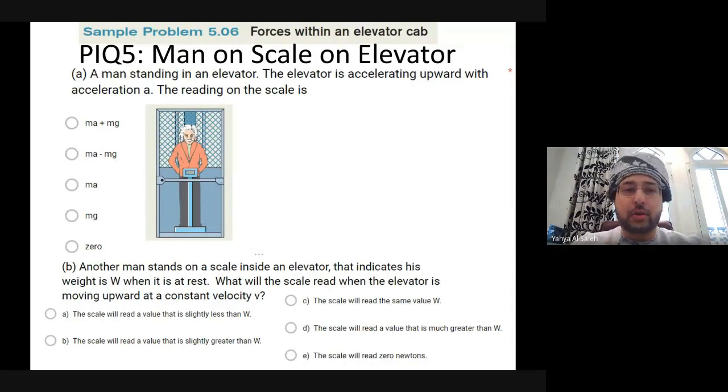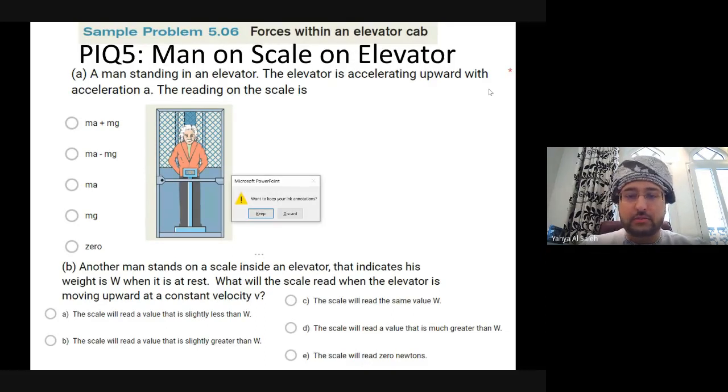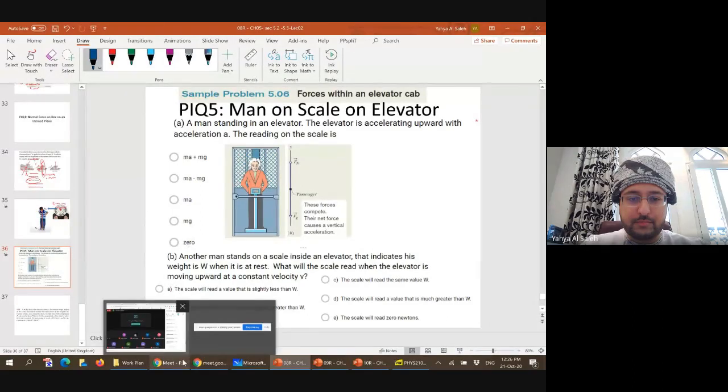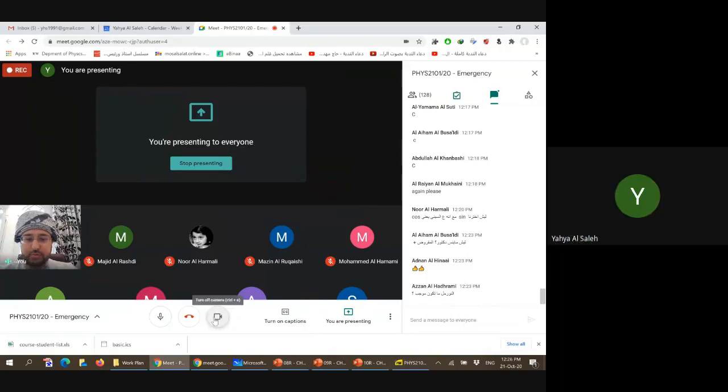Okay, so how does this work? Let's consider the case of a man on a scale on an elevator. Why is it not changing? This is frozen. Give me a second.